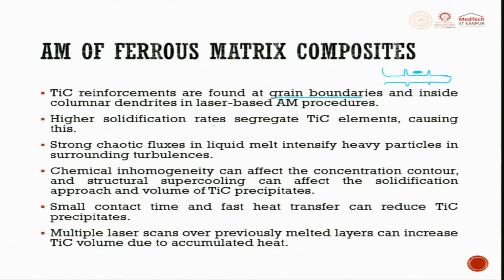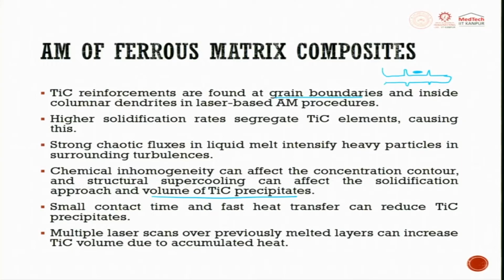Higher solidification rates segregate TiC elements, causing this. Strong chaotic fluxes in the liquid melt intensify heavy particles in the surrounding turbulence. Chemical inhomogeneity can affect the concentration contour and structural supercooling can affect the solidification approach and volume of TiC precipitate.